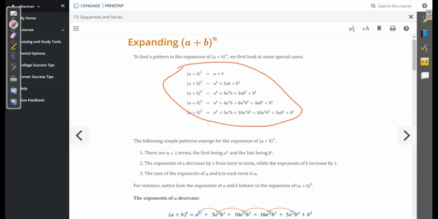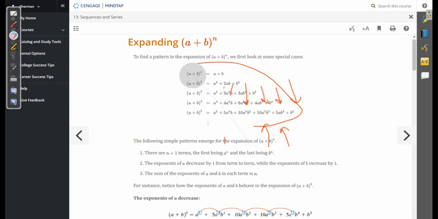So, for instance, we'll start here at the 5. So a to the 5, then a to the 4, then a to the 3, a to the 2. A to the first, and then a doesn't exist anymore. And then we see no b, and then b to the first, b to the second, b to the third, b to the fourth, and then of course b to the fifth. Okay, and then we do see that when we add them together, they do indeed equal n.